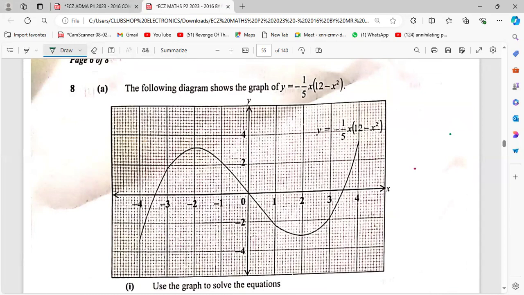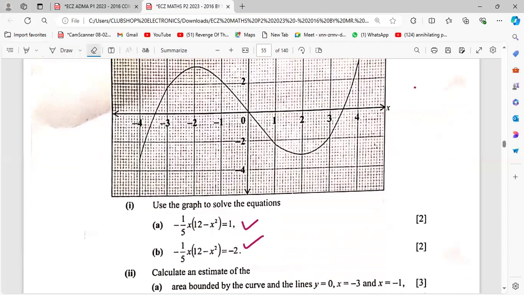We are saying the following diagram shows the graph of y, I'm just rewriting it, is equal to -1 over 5x, open bracket, 12 minus x squared. Is that okay? So this graph here that we are seeing is coming from that equation. I hope that is clear.